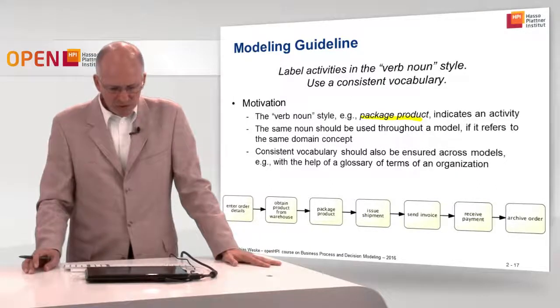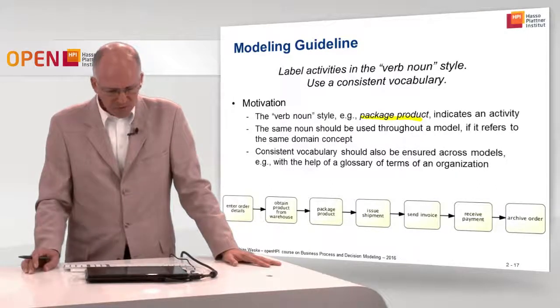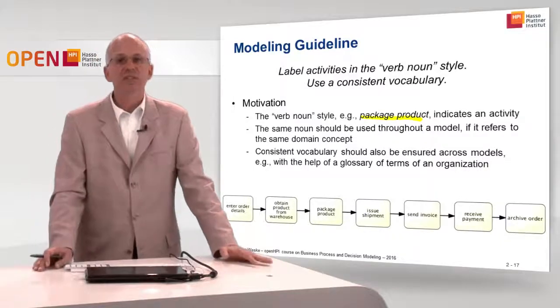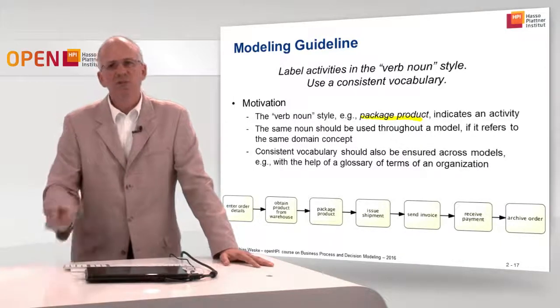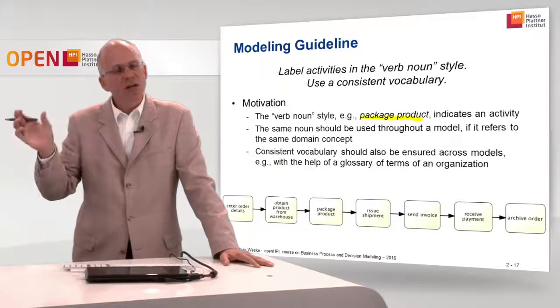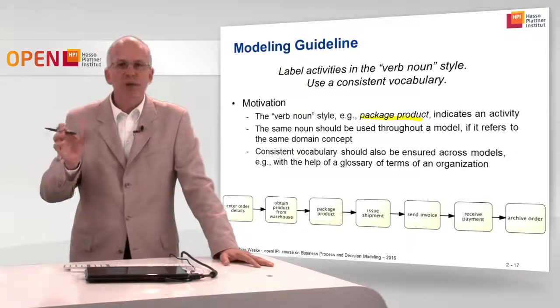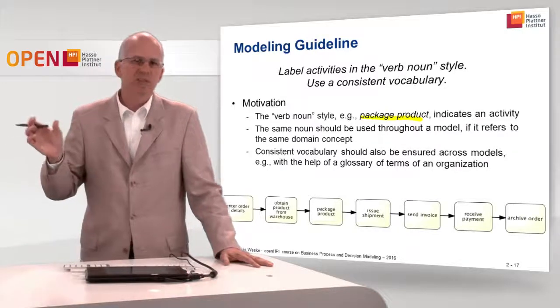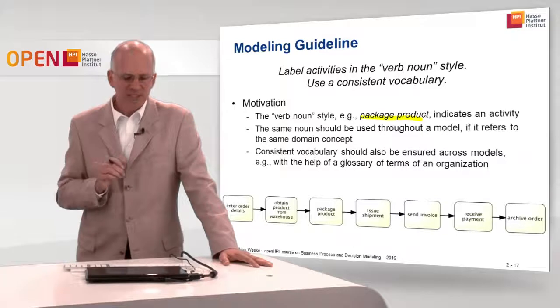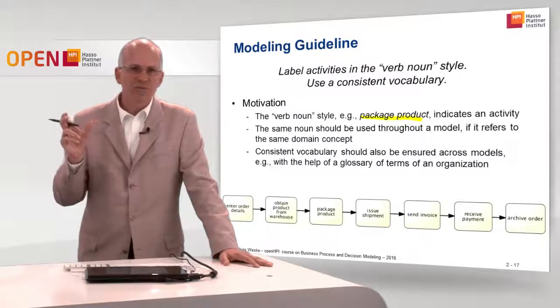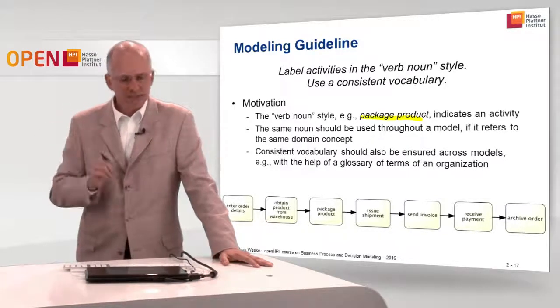The same noun should also be used throughout a model if it refers to the same domain concept. So we've seen process models in which there are activities related to clients, and other activities refer not to clients but to customers, but they mean the same entity of the real world. So you should use consistent vocabulary and either use customer or use client in this context.